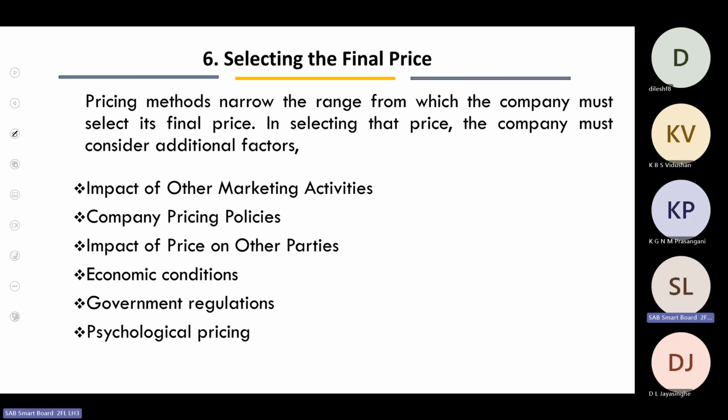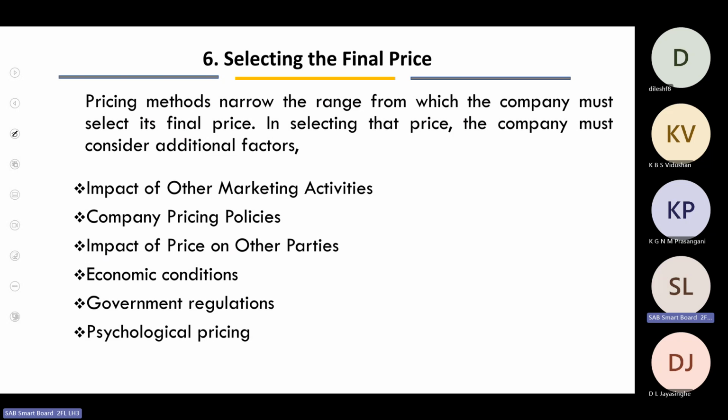So finally, we need to select the final price for our product. These pricing methods narrow the range from which the company must select its final price. In selecting that price, the company must consider additional factors like other marketing activities, how much cost is involved, what the other cost factors are, how we are going to cover those cost factors, and company pricing policies, right?